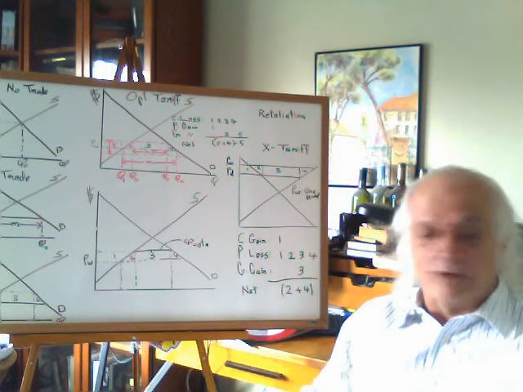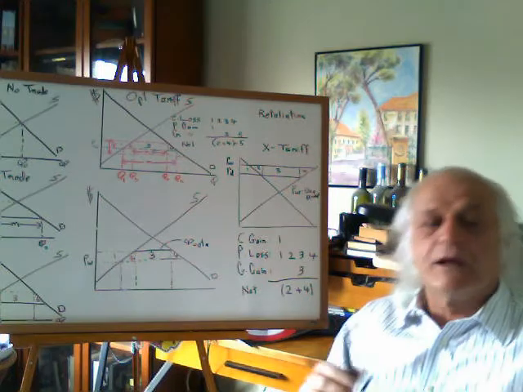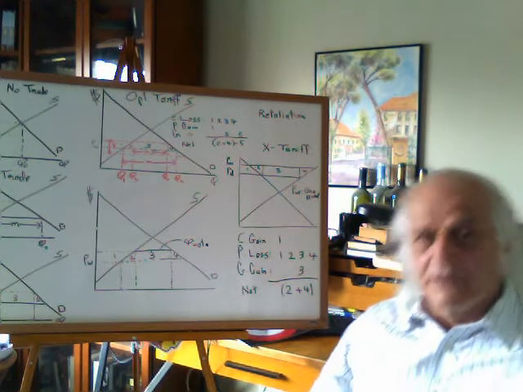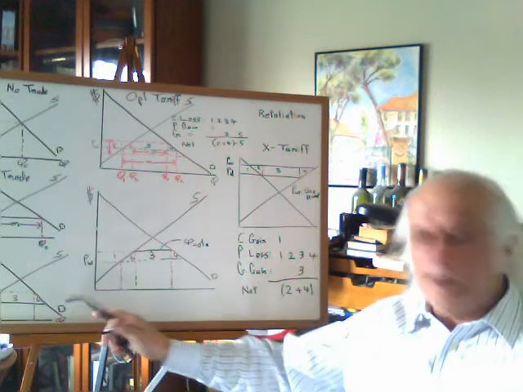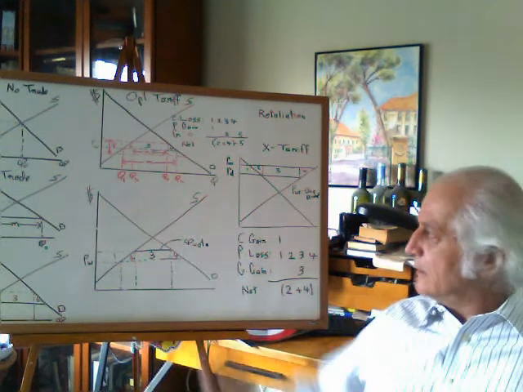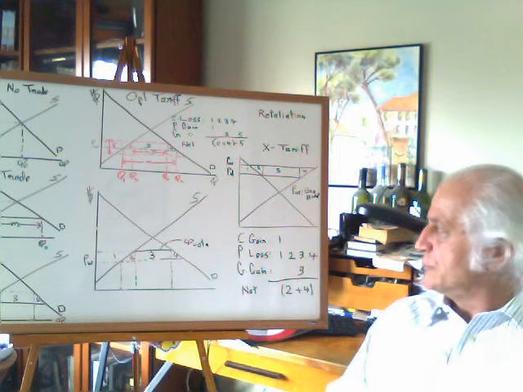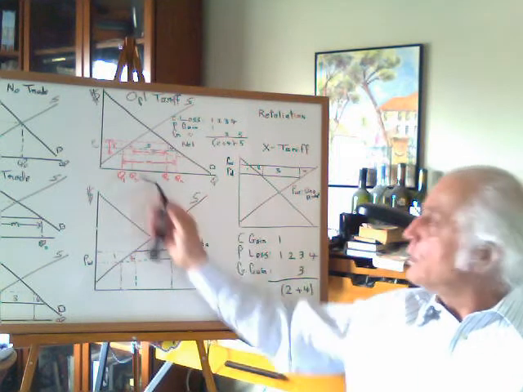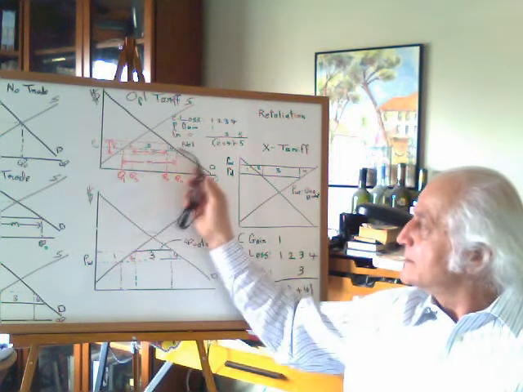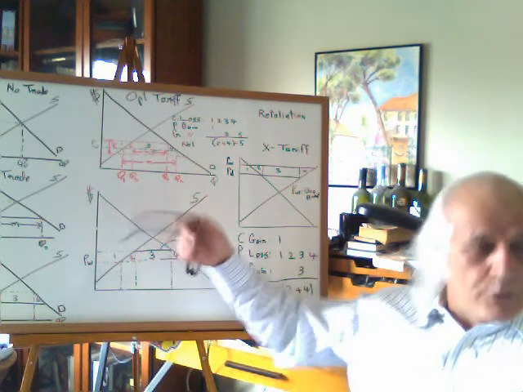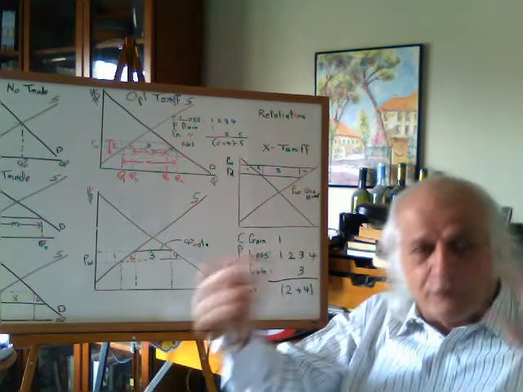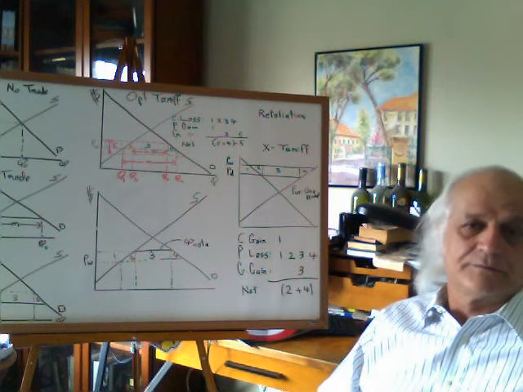How can we show this graphically? Now, it's very important, and you've got to be able, again, to reproduce this. It really is very similar to this, with a minor deviation. Let's assume that the world price is this, P sub W. And you're going to impose this tariff of $4 a unit.